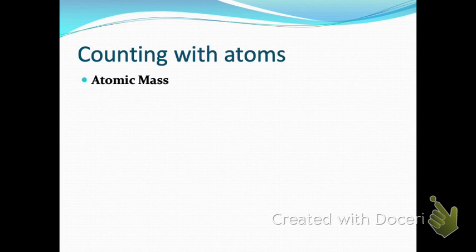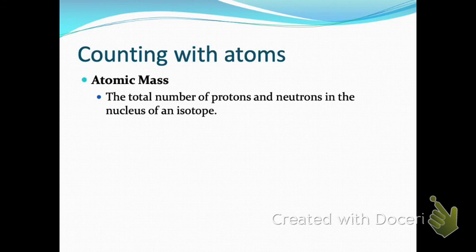Okay, so now let's talk a little bit more about atomic mass. We already said that atomic mass is the total number, or the sum, of protons plus neutrons in the nucleus. Okay, atomic mass is protons plus neutrons.